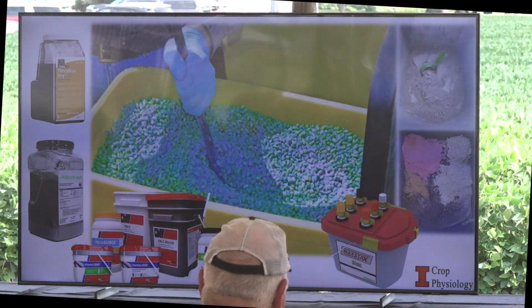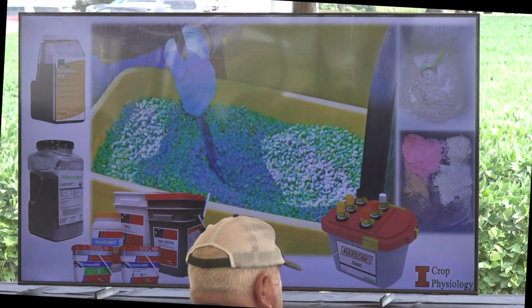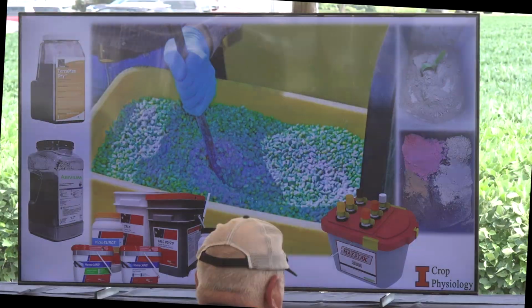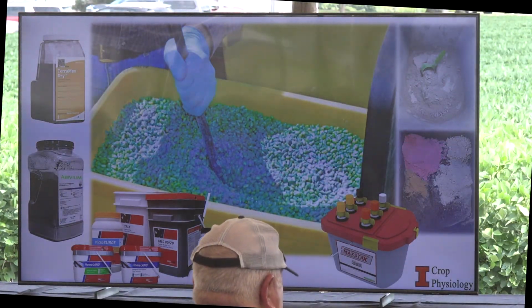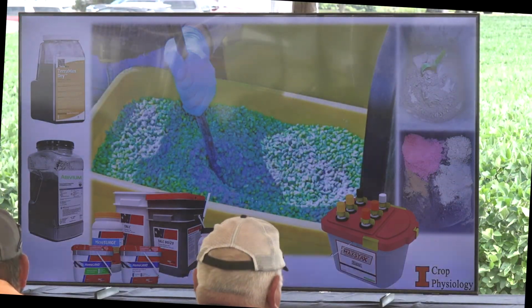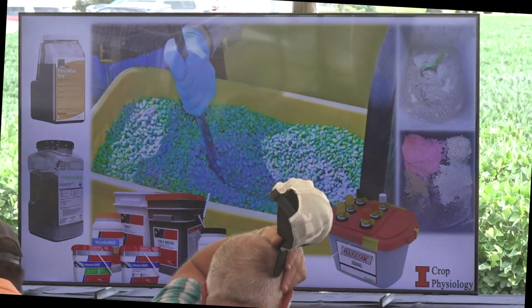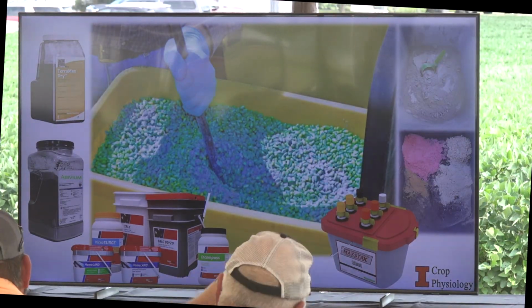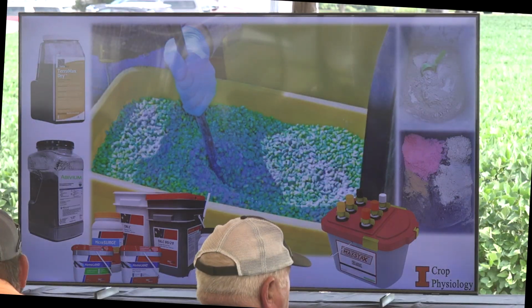And I put some examples here of what we have available already. We have so many different products with so many different combinations. Some, for example, can have micronutrients, biologicals and biostimulants all in the same product, with very good results.